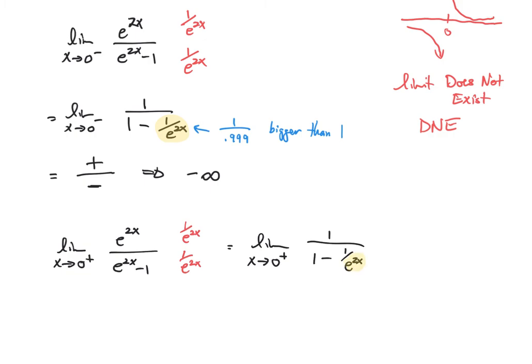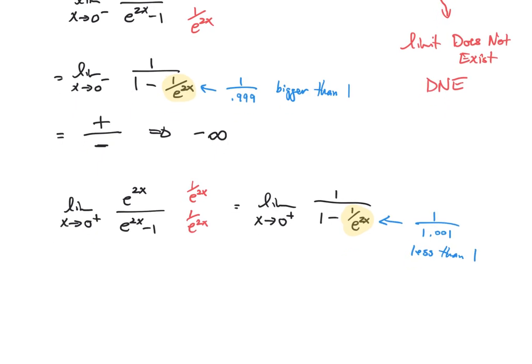Now I'm looking at the same term, but this time I'm coming from the right side of 0. So when I come from the right side of 0, this part right here is really 1 over 1.001, something like that. We're plugging in numbers to the right of 0. So that whole fraction is less than 1.